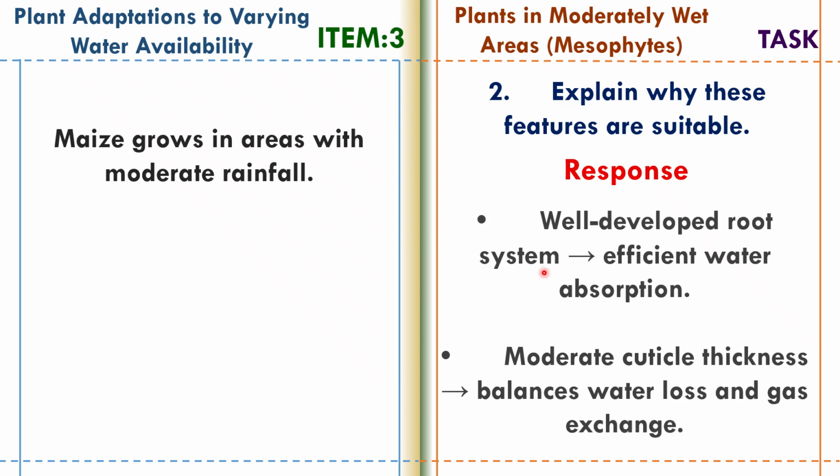A well-developed root system provides efficient water absorption. Moderate cuticle thickness helps to balance water loss and gas exchange.